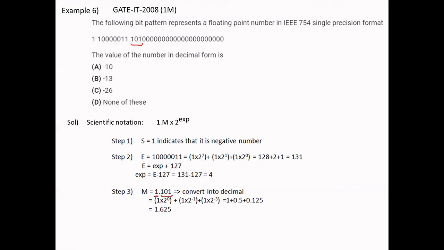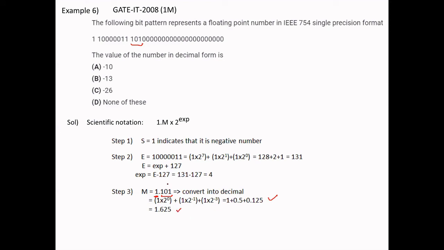This 1 is already there in the computer. So 1.101. Now convert into decimal by using positive powers before the decimal point and negative powers after the decimal point, and we get 1.625.